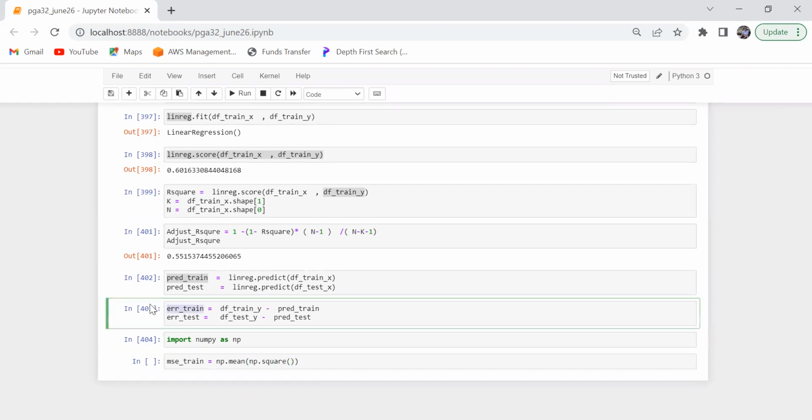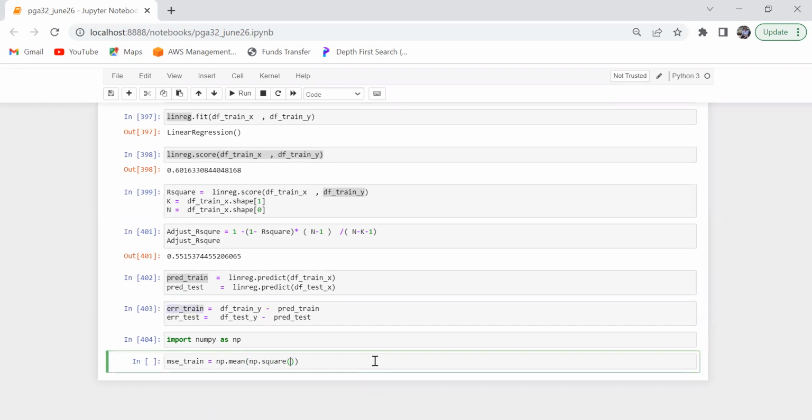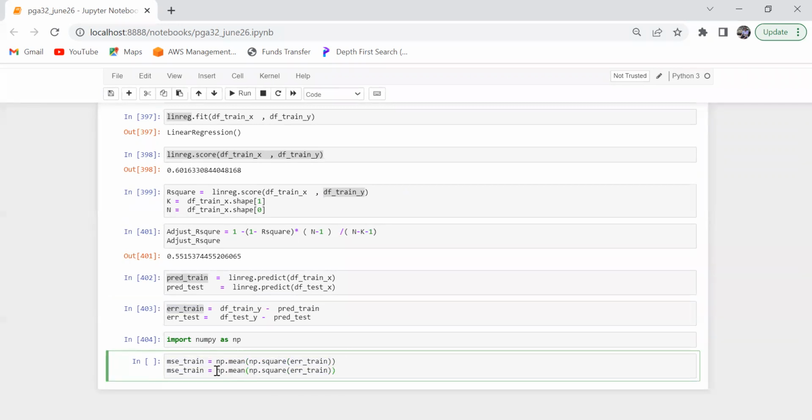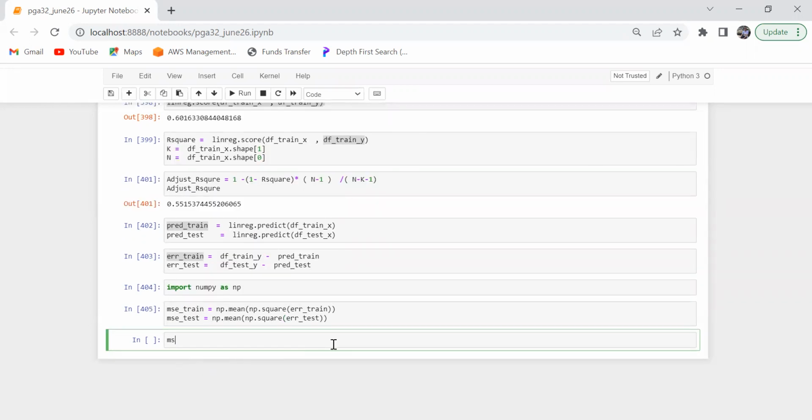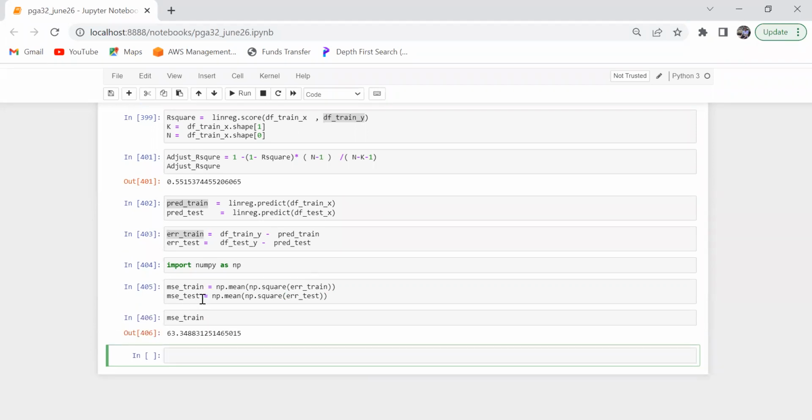Square of what? Train error. Similarly, इसको copy करेंगे, यहाँ डाल देंगे. And wherever you have train, convert it into test. Now let's see our MSE train. 63 makes sense.